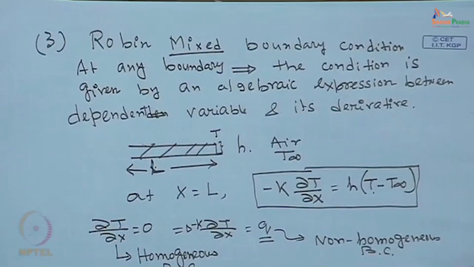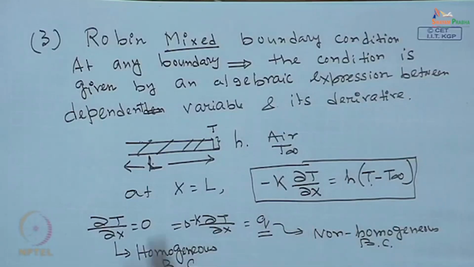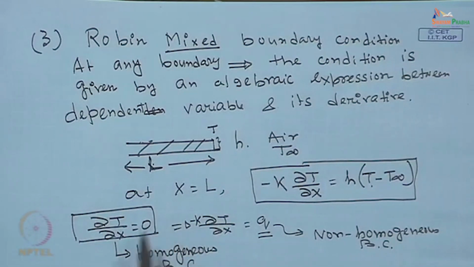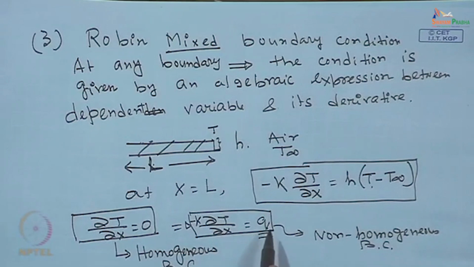That means, even in the boundary condition, if there is any term present which does not contain the dependent variable, then we call that equation a non-homogeneous boundary condition. For example, in the first equation there is no term that does not contain the dependent variable or its derivative. So, this is a homogeneous boundary condition. On the other hand, in the second equation there is at least one term which does not contain the dependent variable or its derivative. So, this is a non-homogeneous boundary condition.